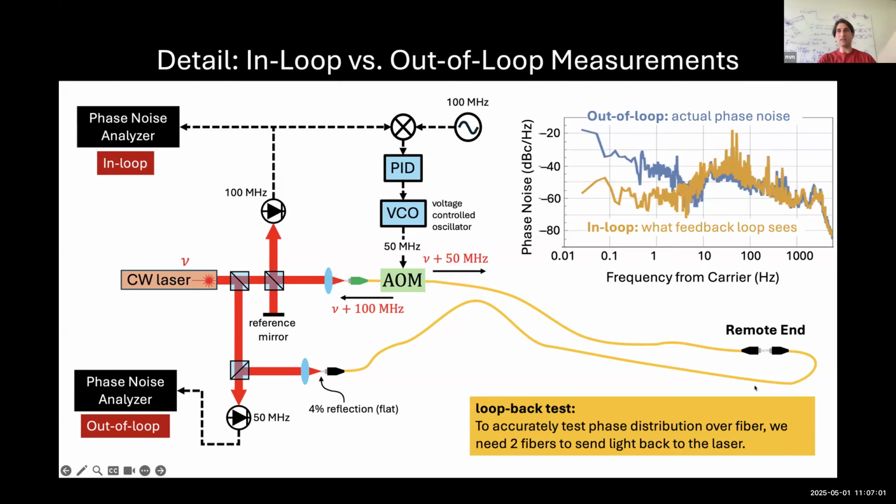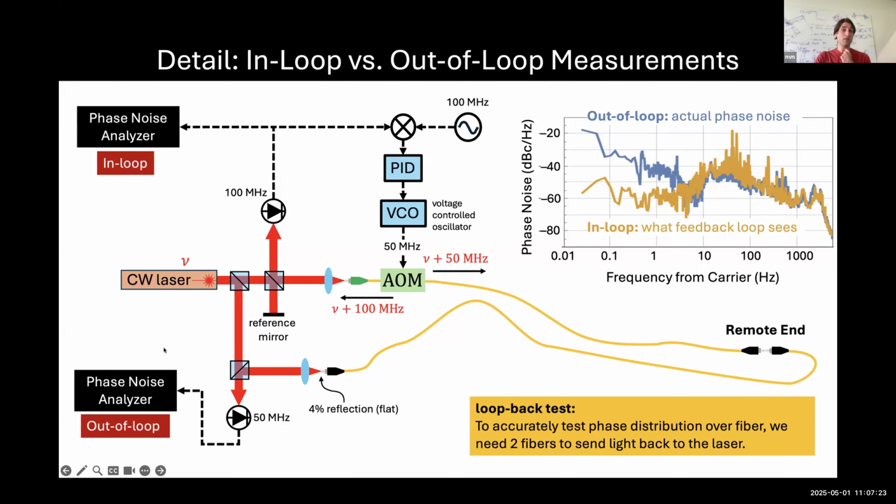So what you have to do, and we can talk more about this at some other point, is an out-of-loop measurement, which takes the phase that you've sent across a fiber and compares it to the original laser. We call this a loop back measurement because we've looped back a fiber on itself.